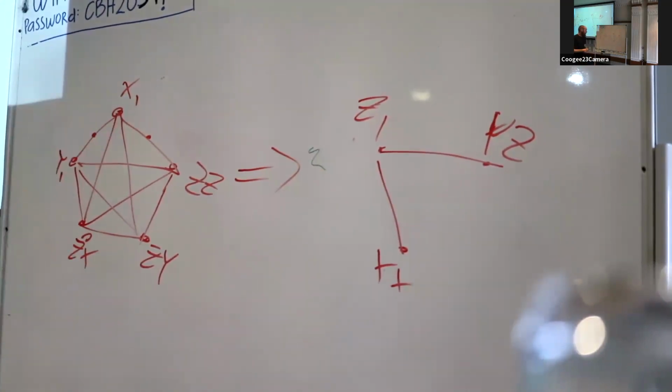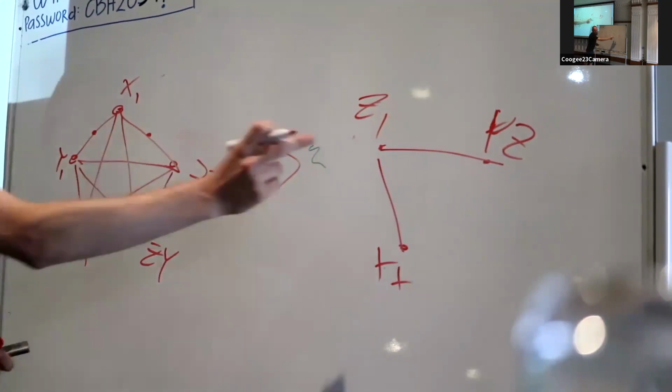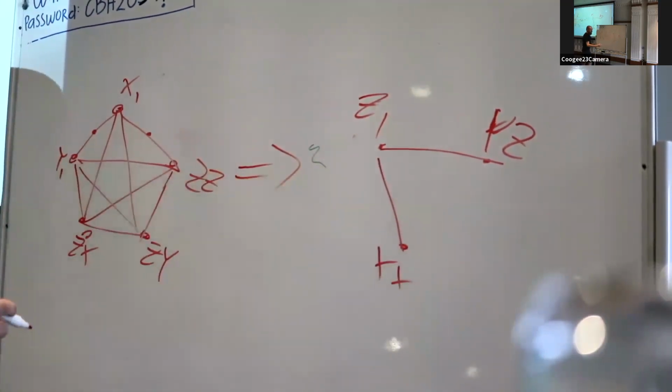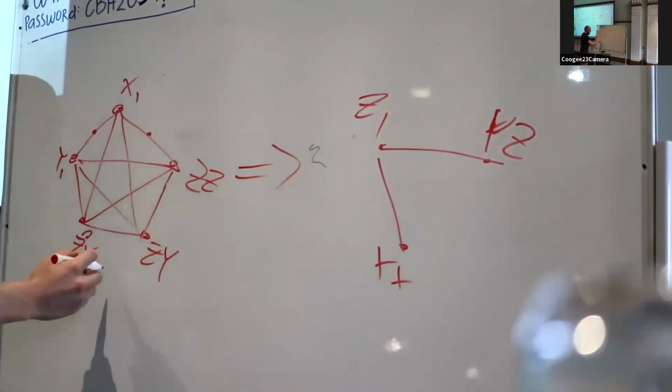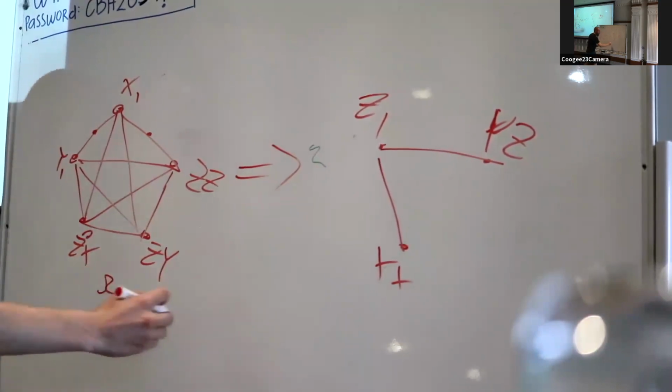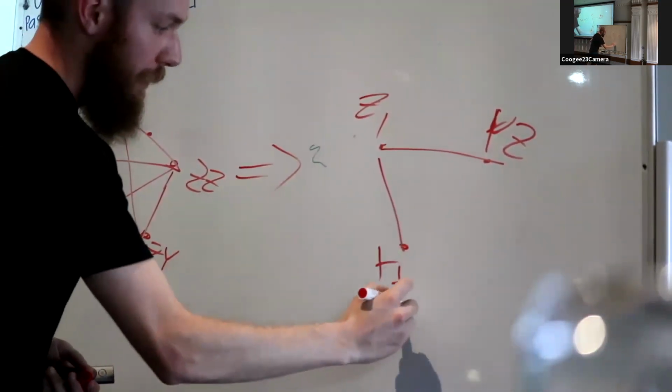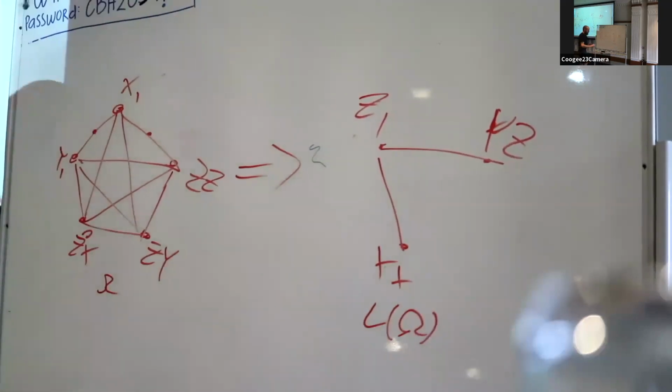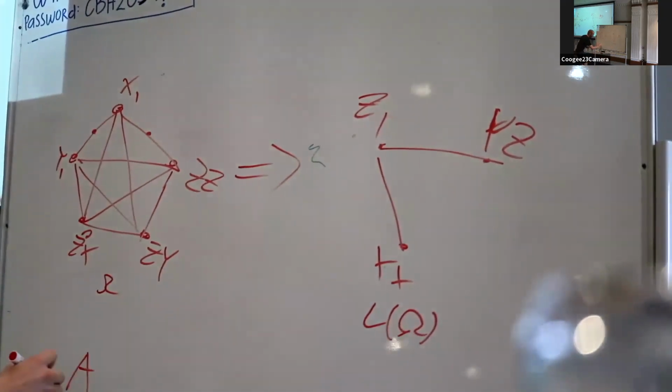So what we want to do now is look at operators where the support is given by the vertex set of this graph. Okay, so if this graph is omega, this is the line graph of omega. We want to look at operators where the support is the vertex set of the line graph of omega.